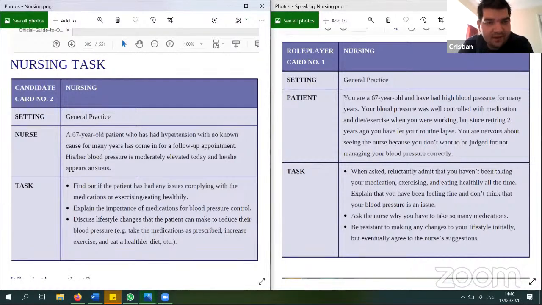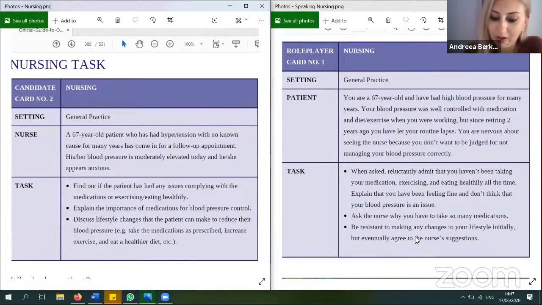The task will be to find out if the patient has had any issues complying with the medication or exercising, eating healthy, explain the importance of medication for blood pressure control, and discuss lifestyle changes that the patient can make to reduce the blood pressure. Example, taking medication as prescribed, increasing exercising, and eating a healthier diet. Not a big difference between the doctor's tasks and yours.